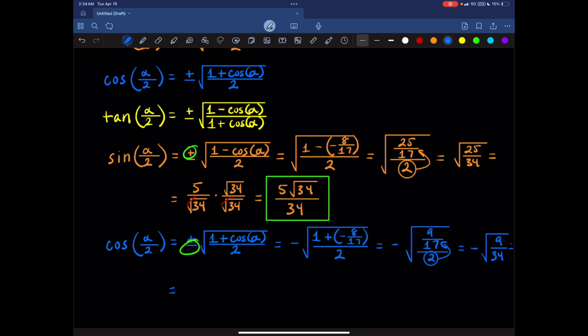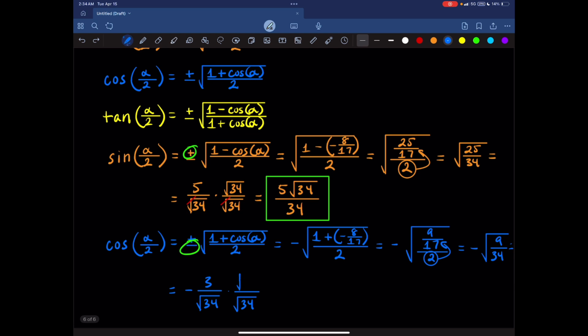And then we can break up the square root into the square root of the numerator and the square root of the denominator. Square root of 9, that's 3. So this is negative 3 over square root 34. And as we know from before, square root 34 does not simplify, so we're going to rationalize the denominator here. So multiply by the square root of 34 over the square root of 34 so that the square roots cancel in the denominator.